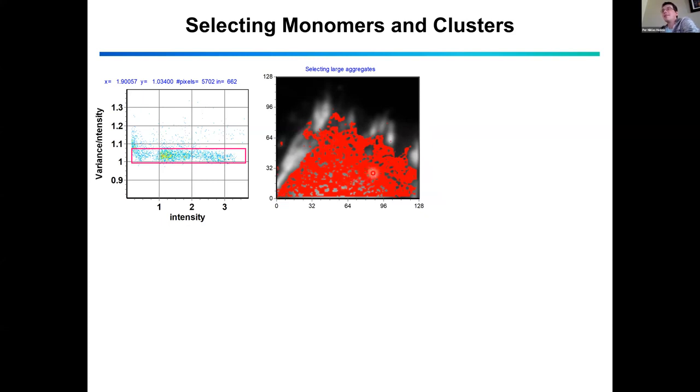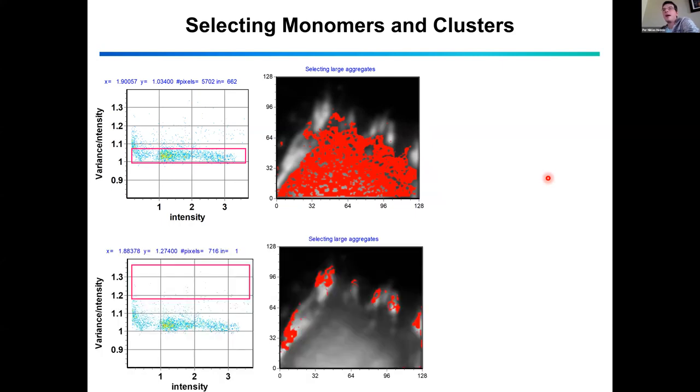And you see, you highlight pixels mostly in the cytoplasm of the cell. Now we select pixels that show a much higher brightness. And you can see that those are near the focal adhesions, but not exactly overlapping with the focal adhesions.